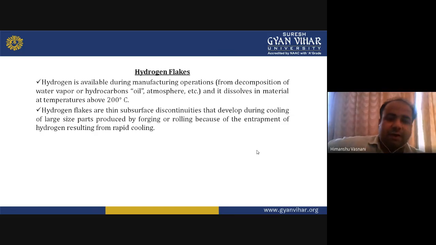The trapped hydrogen causes a discontinuity in the workpiece, and that discontinuity is called hydrogen flakes.